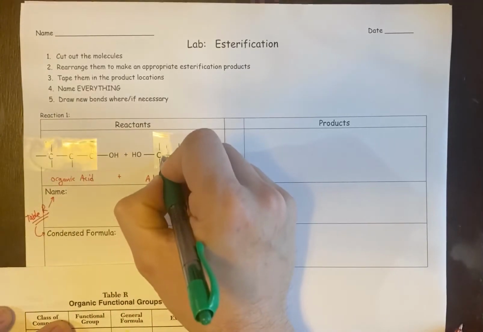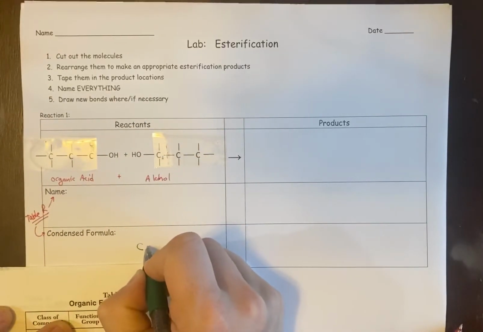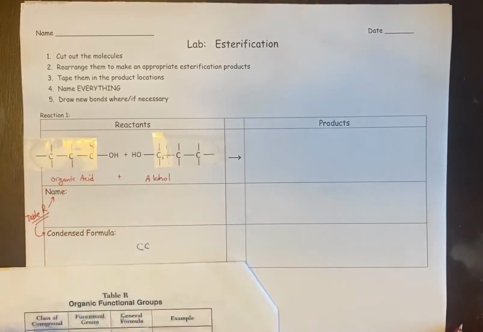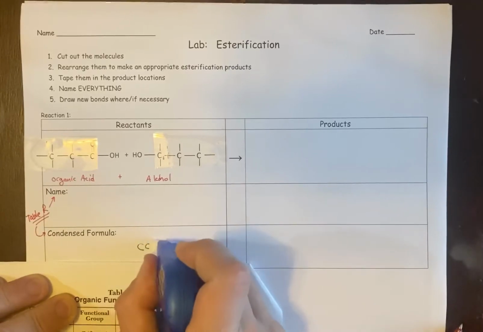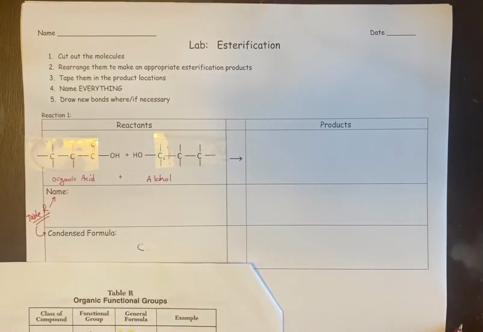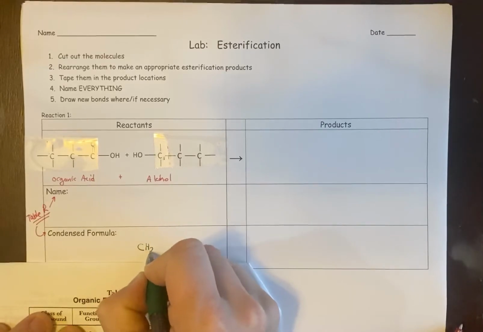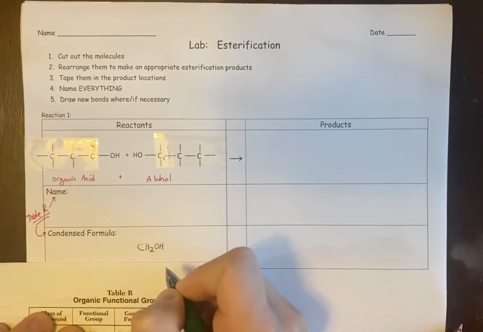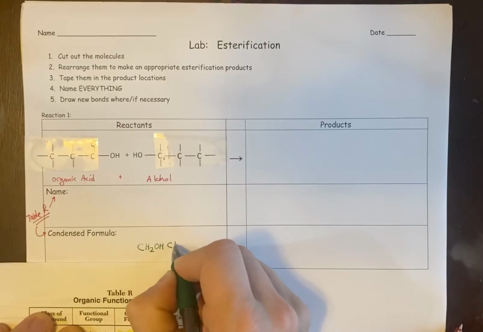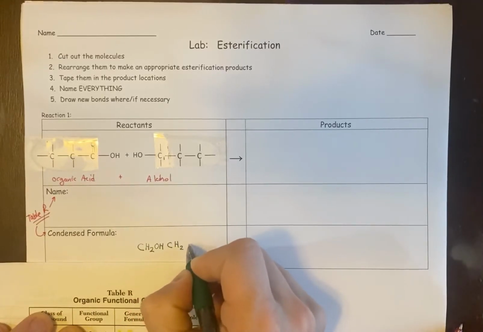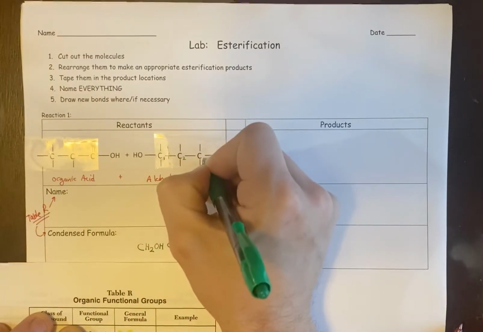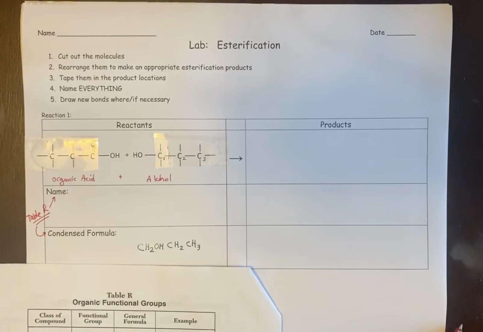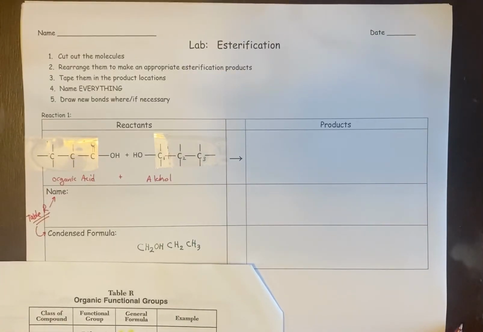Carbon 1 has 2 H's, so it's CH2, and then it gets an OH, and then carbon 2, CH2, and then carbon 3. So there's your carbons and your condensing. You're just going to use table R as a model and condense it that way.